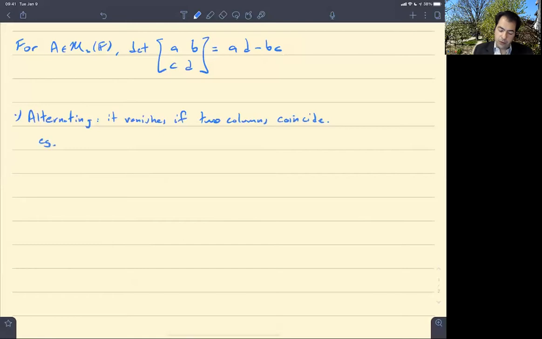Right, so for example, the 2x2 determinant has this property because if you have a column that repeats, then you would get AC minus AC, and so 0. Right? We're going to say that a function from matrices to elements of the field is multilinear if it is linear in each column.